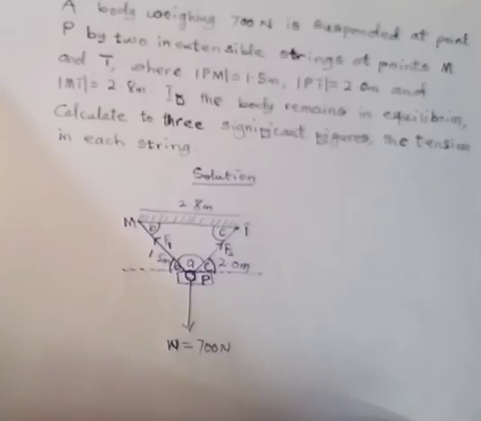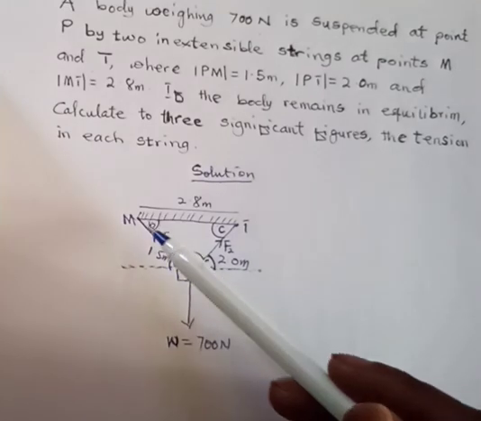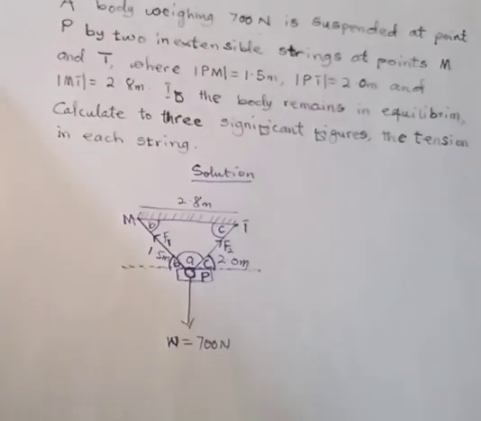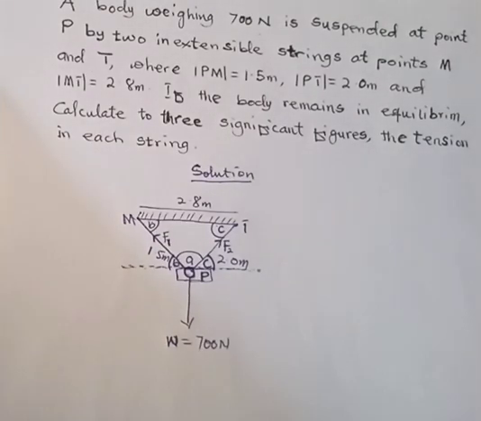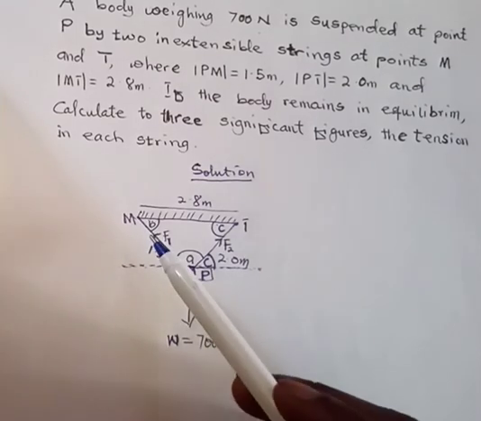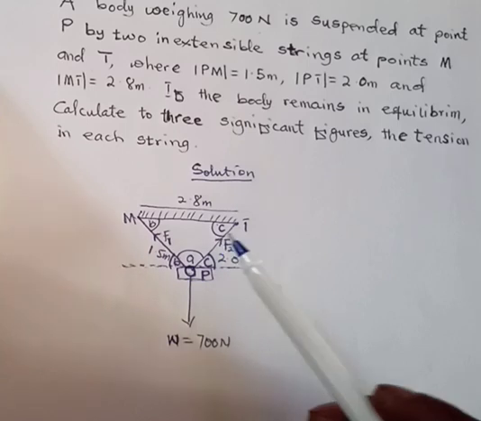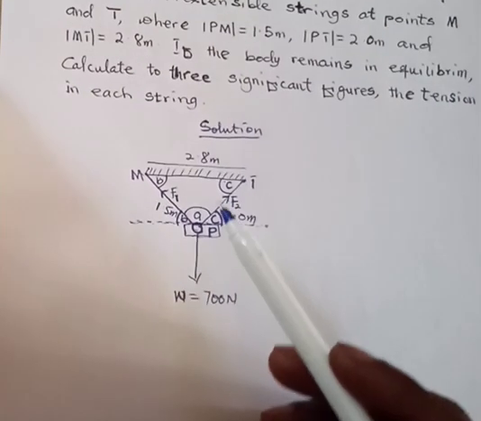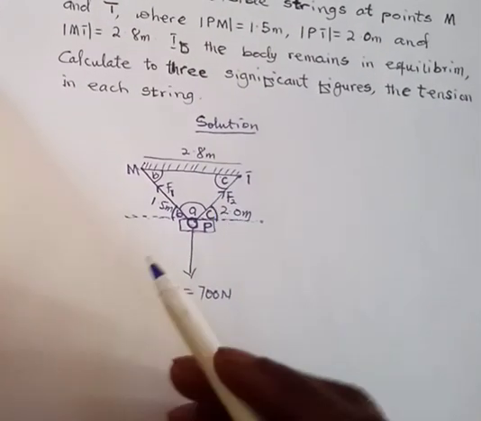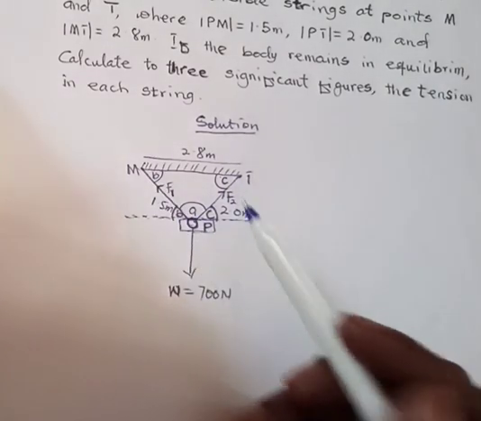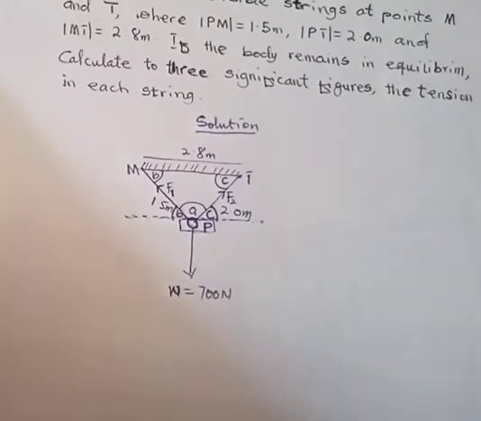Okay, so once we're able to sketch this, let's quickly look at how we can find the angles. To find these angles, we are going to use what we call the cosine rule.